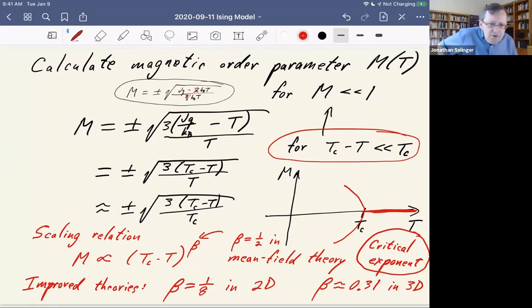Well, so far I have shown you what happens when there's no interactions, but there's a magnetic field. And now I showed you what if there are interactions, but there's no magnetic field. So you might be wondering, what if you have both interactions and a magnetic field?